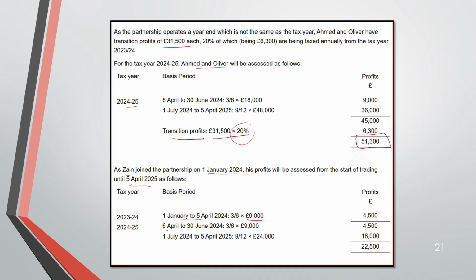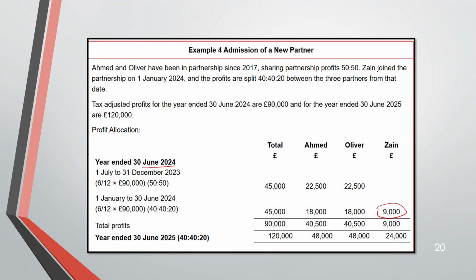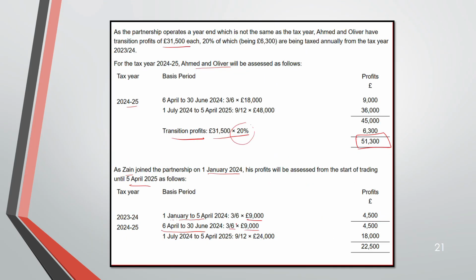So from 6th April to 30th June, another 3 months, again 9,000. Then the balance, if you see, year ended June 2025, it is 24,000. So from July to April, 9 months of 24,000. So with 4,500, 18,000 will be added for 24-25 and 22,500.